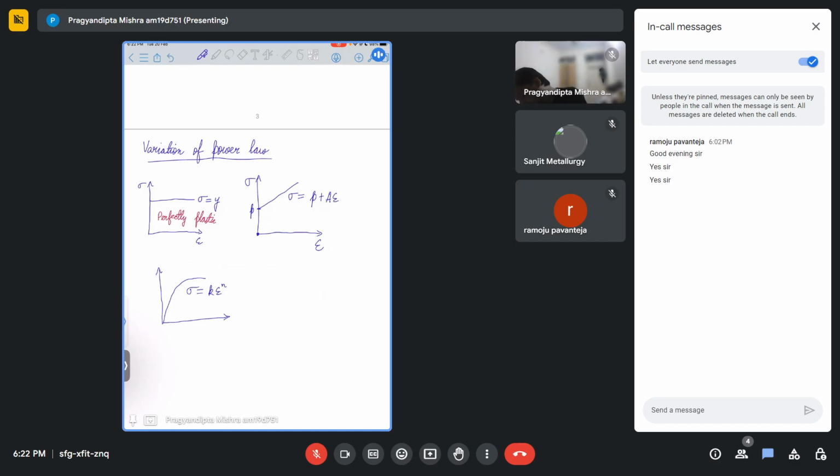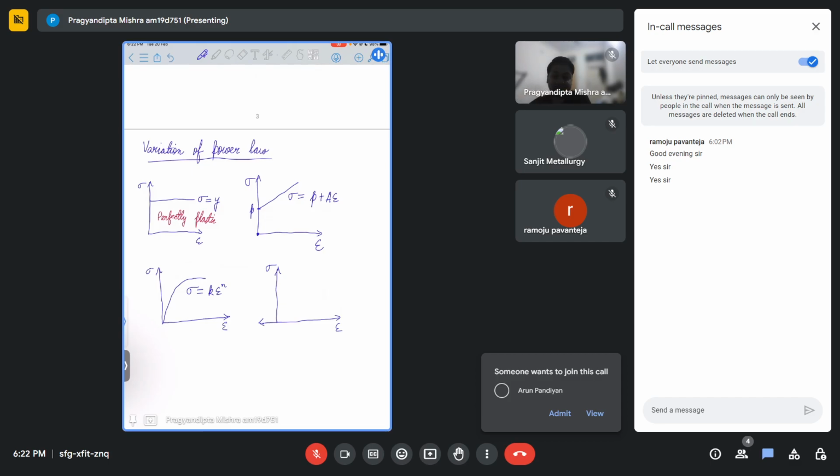Another thing that could happen is that your material may not start at 0.